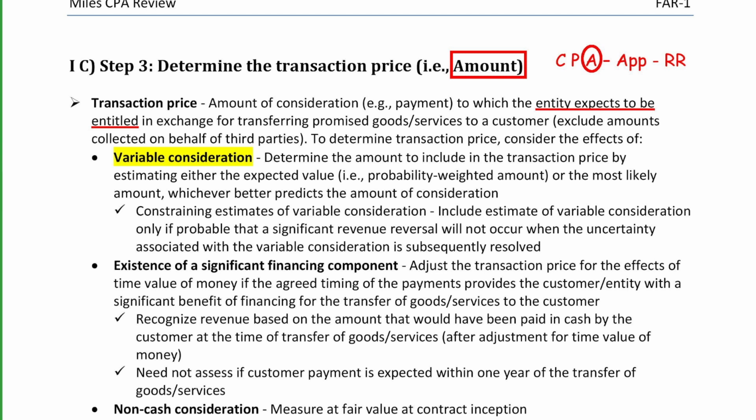And this happens by estimating the variable consideration either using underlying the expected value or the probability weighted amount. Circle or underline the most likely amount of variable consideration, whichever better predicts the amount of the variable consideration.